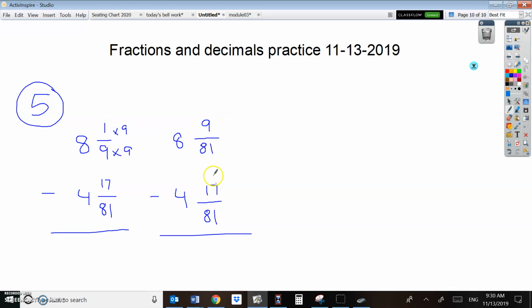We can't take away 17 from 9, so let's borrow from the whole number. So we get 7 plus 1 and 9 over 81 minus 4 and 17 over 81. Now, change this mixed number to an improper fraction. 81 times 1 plus 9, that's going to be 90.